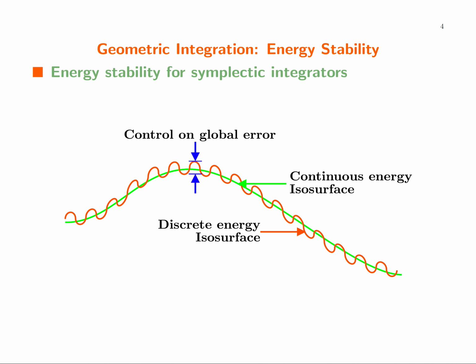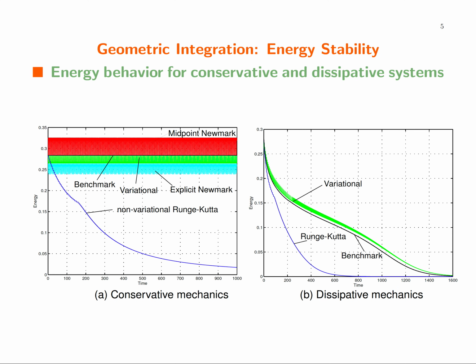So it's a level set of a slightly modified energy function, and basically the level set of that slightly modified energy function is always close to the level set of the continuous energy function. And so by exactly preserving this discrete or modified energy, you then are guaranteed to stay close to the continuous energy surface indefinitely. And so you see this with these simulations.